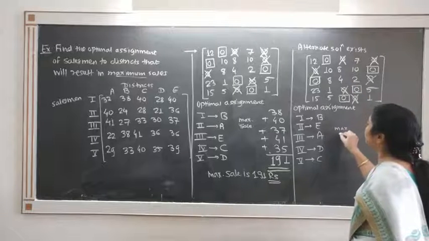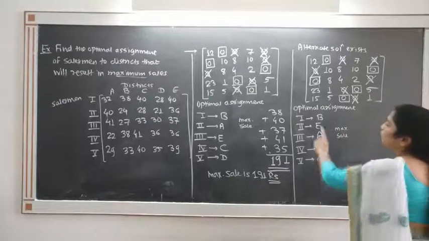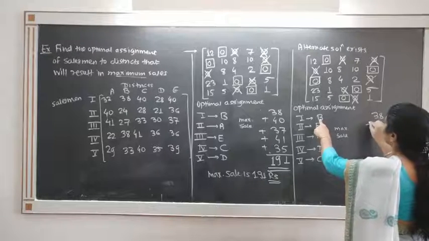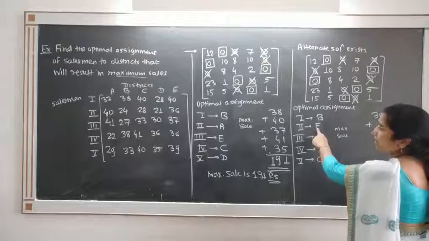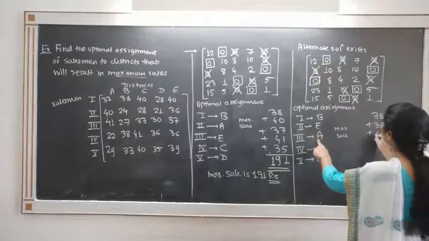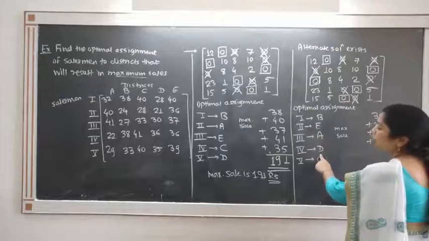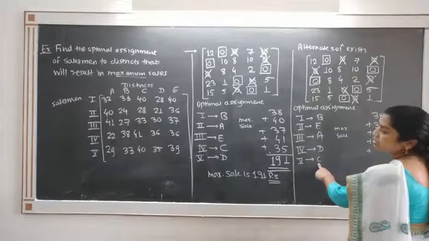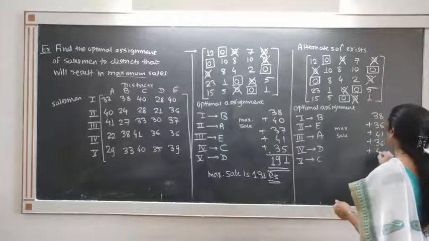So what is the maximum sale? For B, that is 38, plus second E, that is 36, plus third A, that is 41, fourth D, that is 36, and fifth C, that is 40.